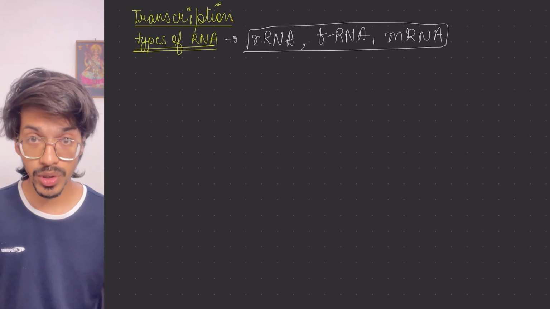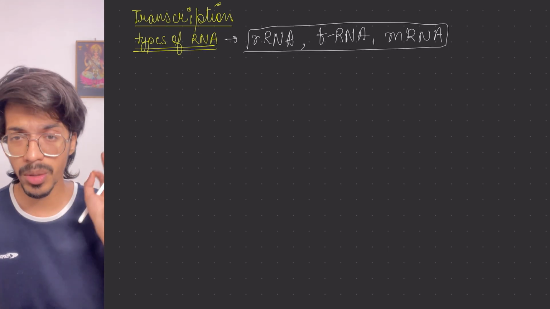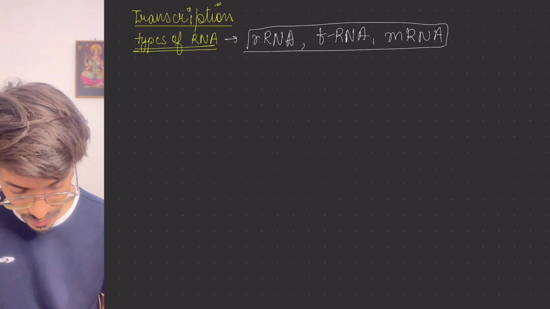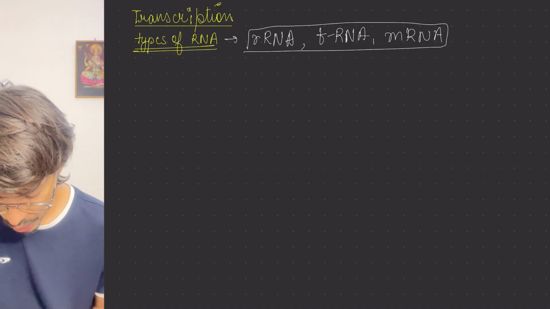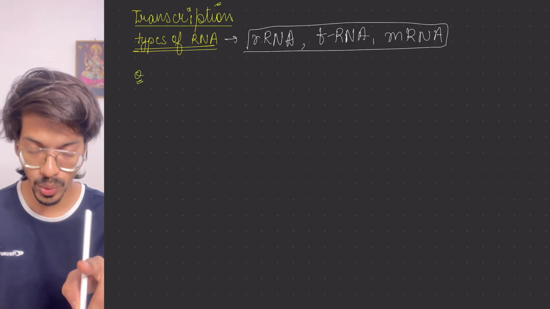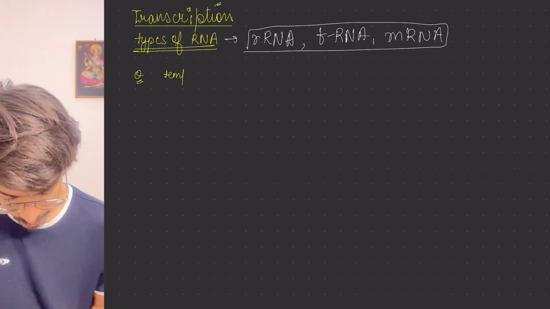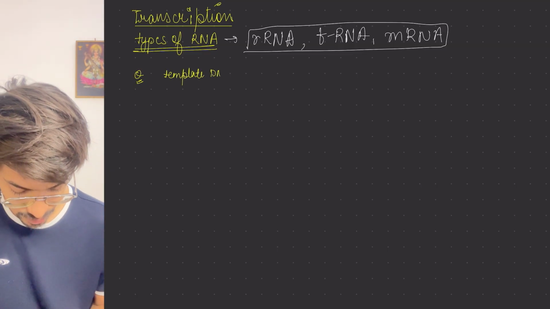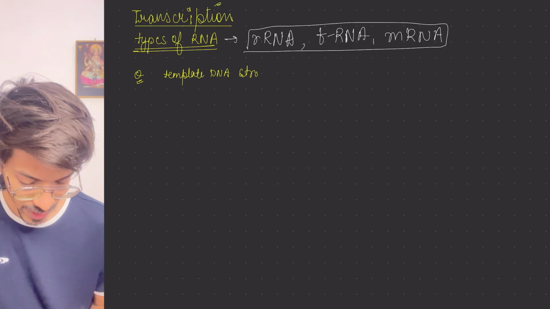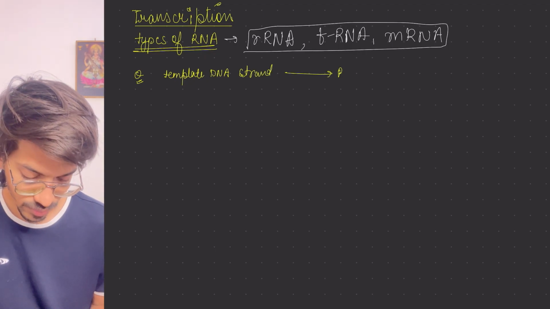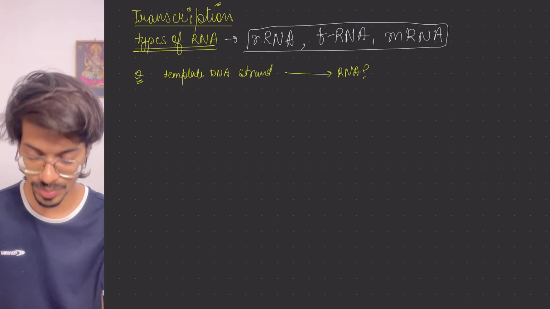Now in transcription, before going into the process in detail, let's see the first thing. If they have given you a strand and say this is the template DNA strand, make the RNA on it, what would be the code transcribed on the RNA?